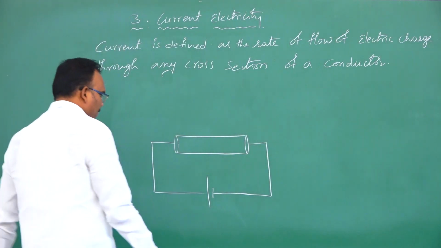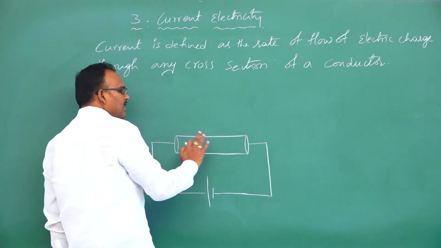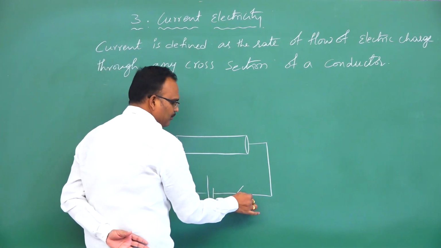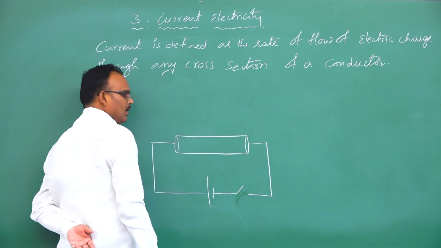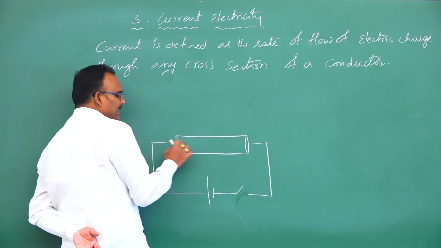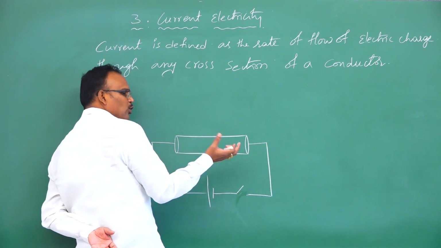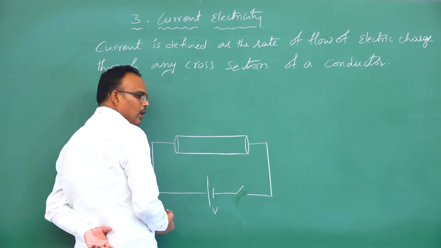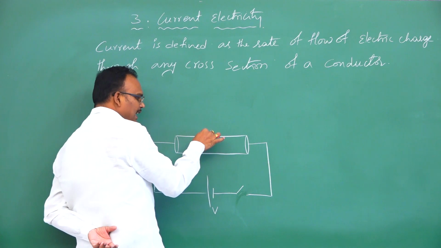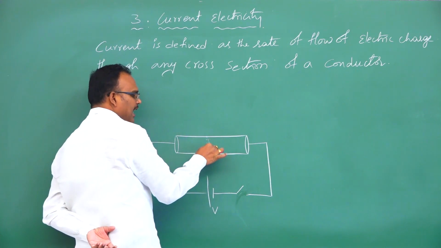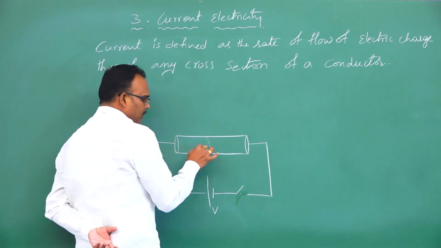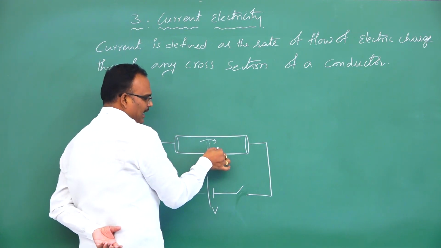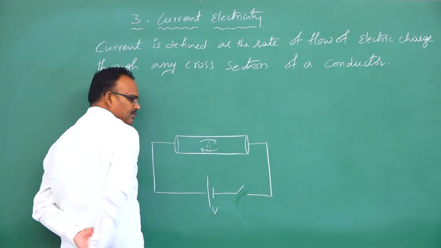For example, if this conductor is containing free electrons, and if the circuit is open, the switch is open, then this conductor does not have any potential difference. Okay, so if you select any area of cross section in a conductor, the number of electrons traveling from left to right is equal to right to left.